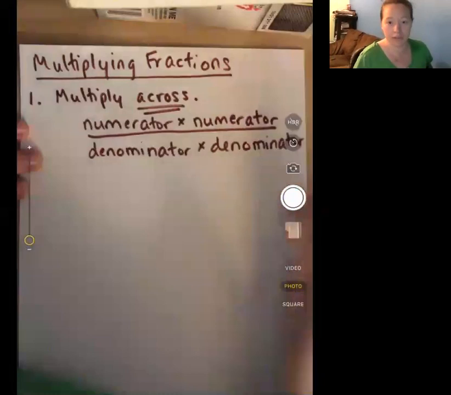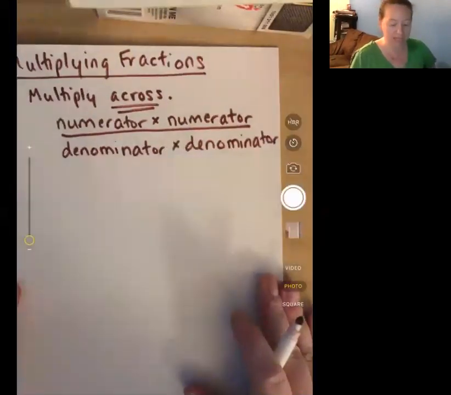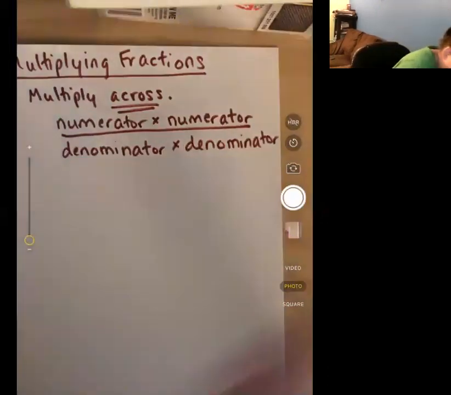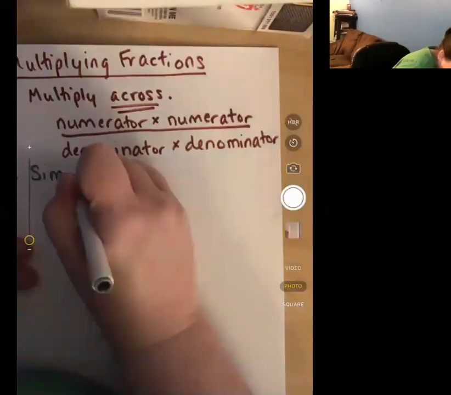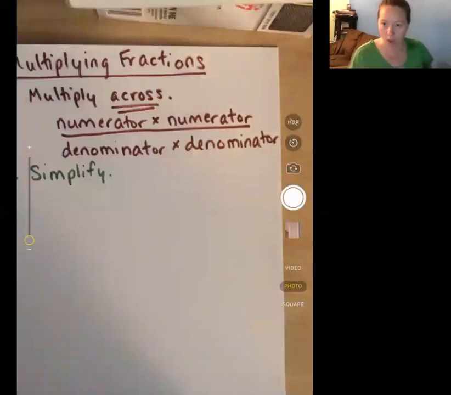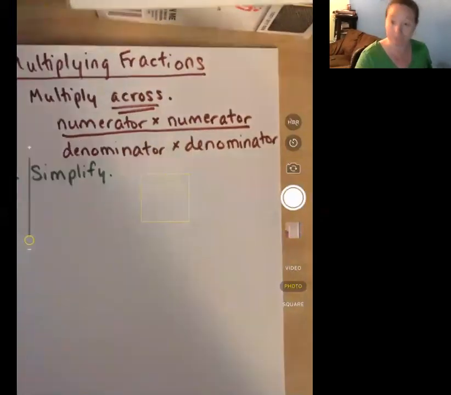All right? So all you do is you literally multiply across, and then number two, as always, the last step, simplify. Okay? Always, always, always have to simplify when we're working with fractions.